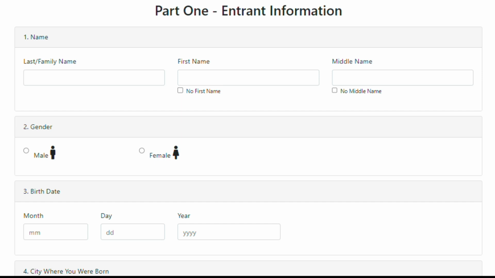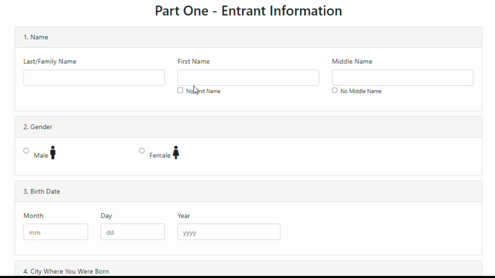As you can see, the first part of the DV application requires you to fill in this information. And the first item is the names. These are the names that you have. From many regions of the world, you find individuals having at least 3 names.